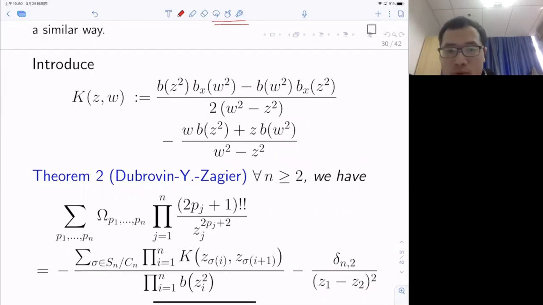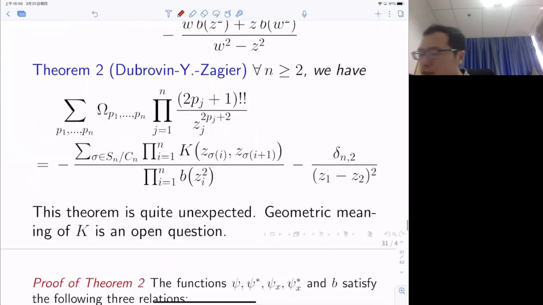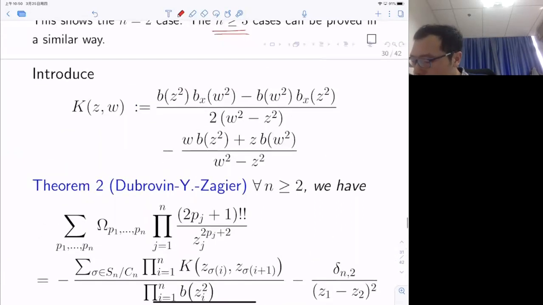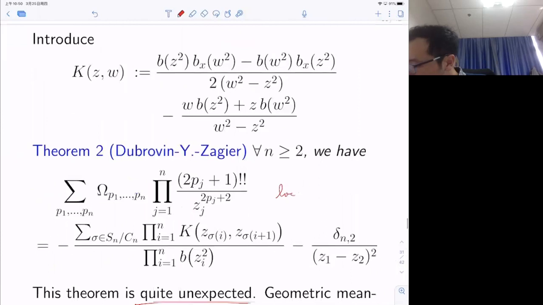These are differential polynomials, and that's why the Lenard-Magri recursion. It turns out that the generating series of these omegas can also be expressed in terms of K. In this case, I would say it's quite unexpected, because of locality.